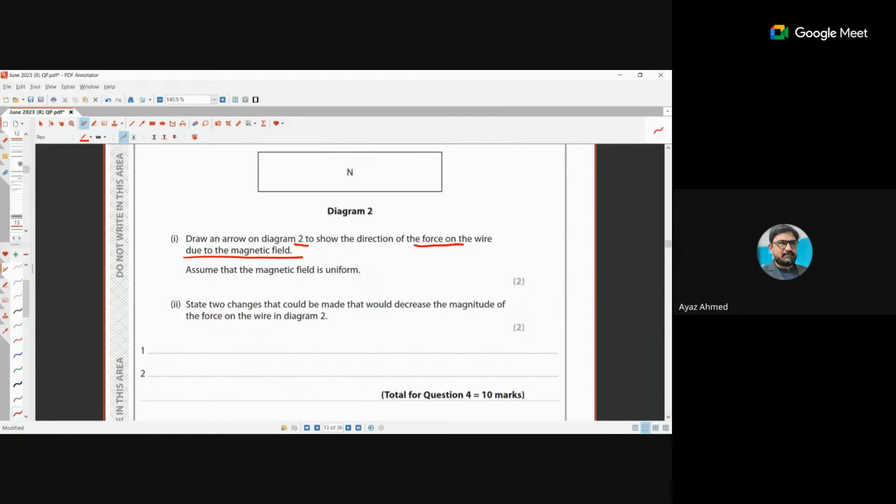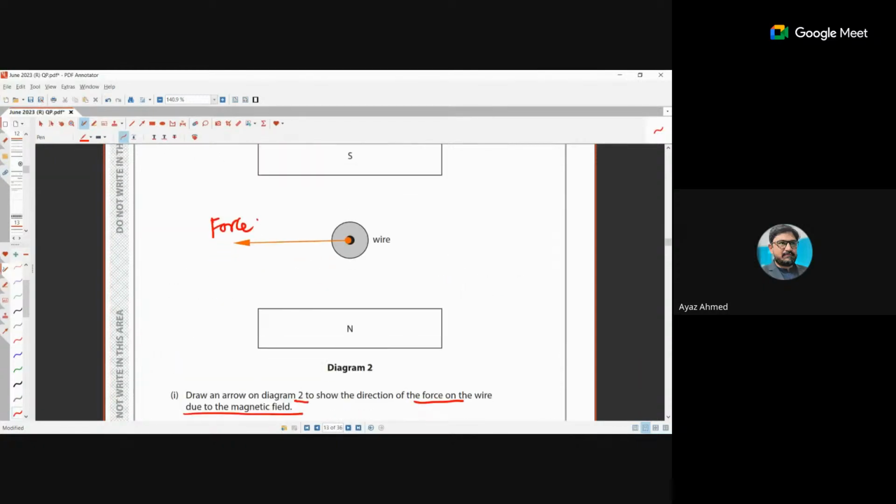State the change that would decrease the force on the wire in diagram 2. So what are the two changes due to which the magnetic force can be decreased, that is, decrease the magnitude of the force? As I told you, this force is directly proportional to the current in the wire, and directly proportional to the strength of the magnetic field.